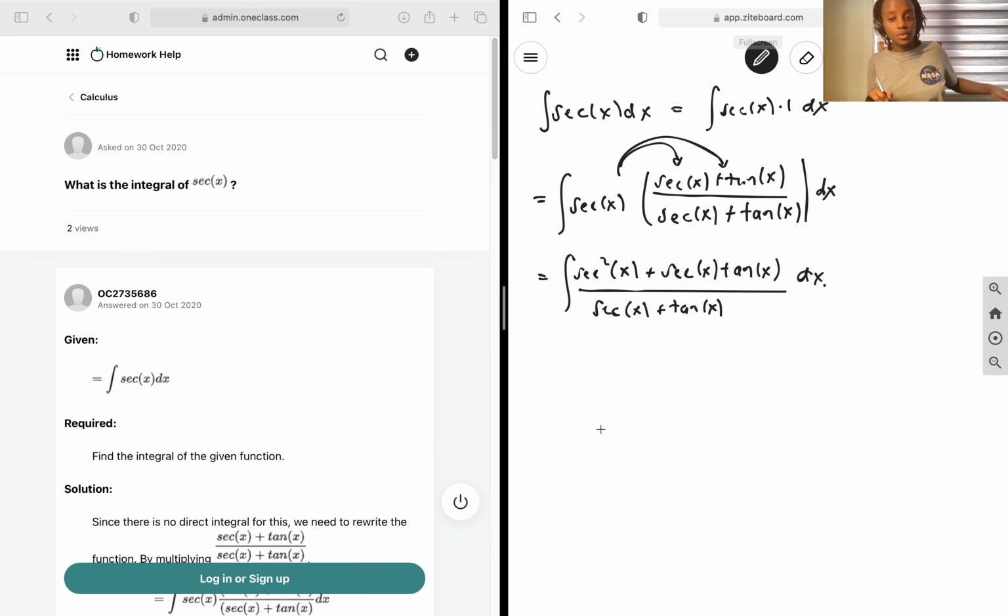And next we're actually going to use substitution to simplify this. So we just need to keep in mind that this is equal to this.